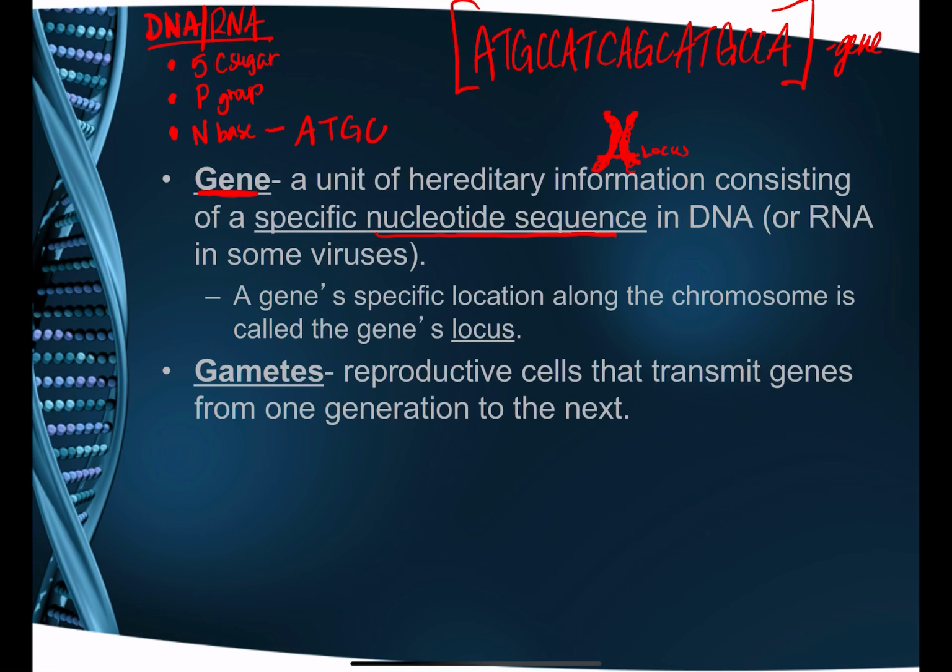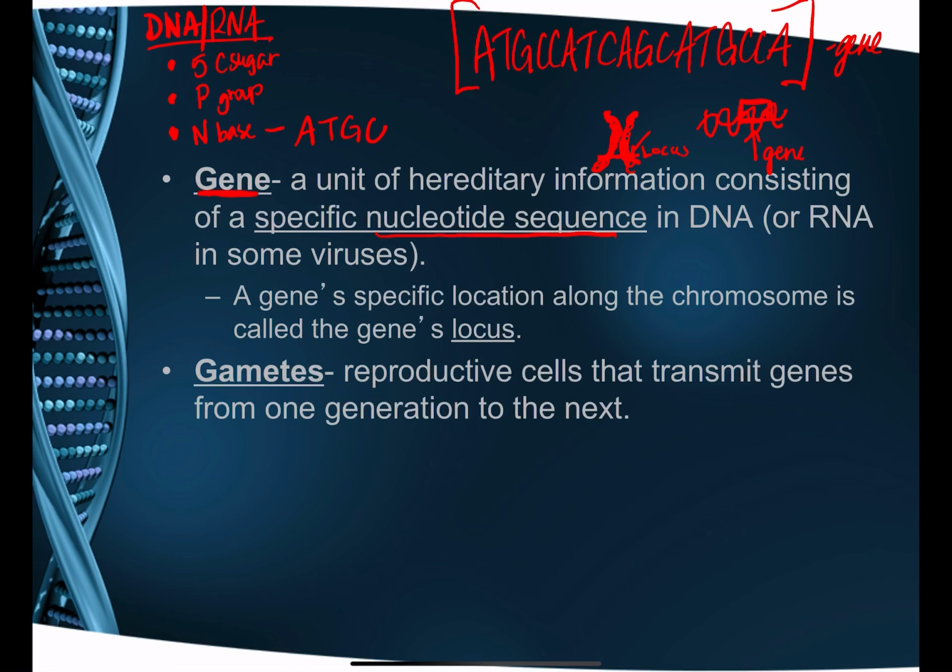So that locus also corresponds to, if we were able to magnify this right here, a specific segment of the DNA, which would be a gene as well. So a specific spot on a chromosome is technically the locus, but that correlates to a specific place on the DNA. Hope that makes sense.